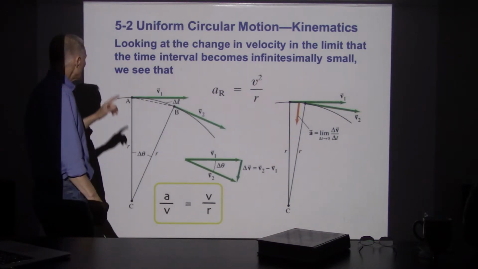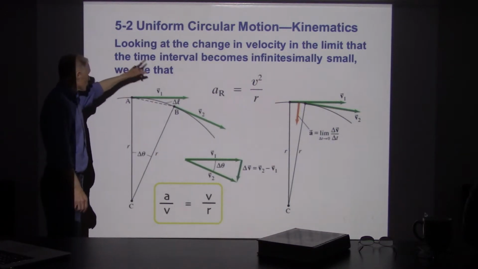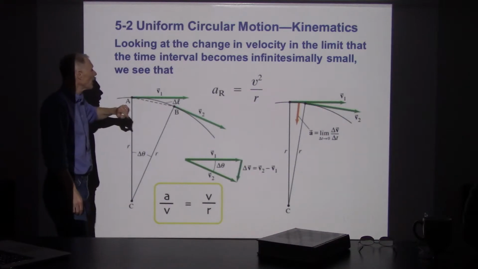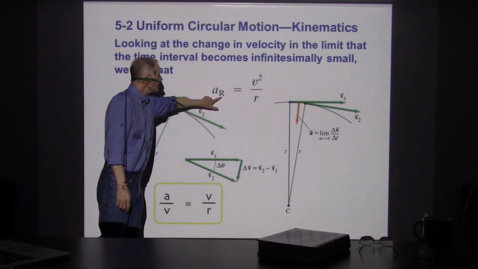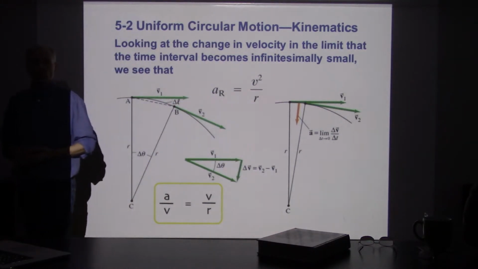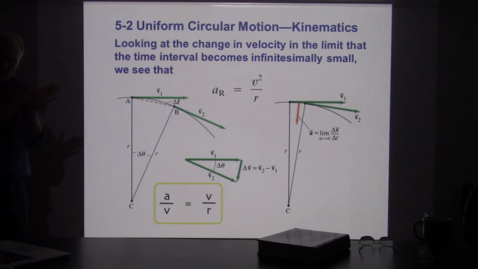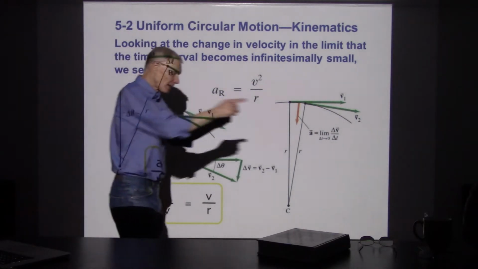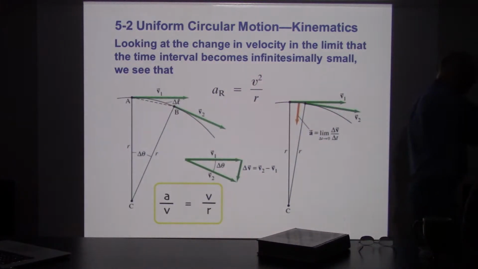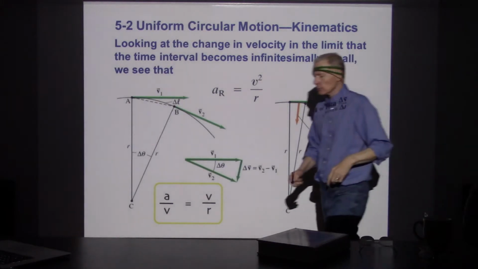And so when I have circular motion going on, the acceleration is in the radial direction. In fact, it's in a radial direction pointing back towards the center of the circle. Now that might seem a little funny at first, but let's think about it again. If I'm going along and I have an acceleration forward, I go faster in that direction.